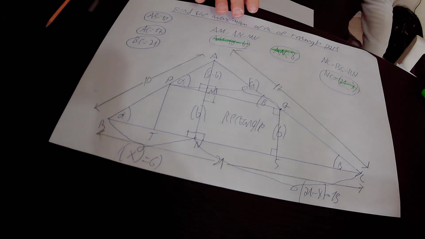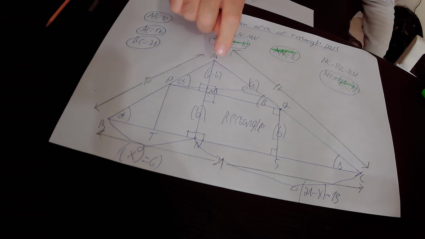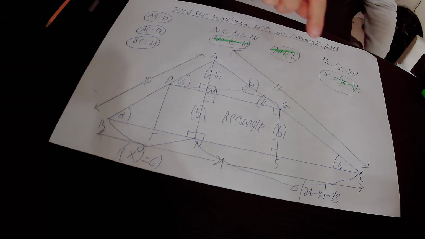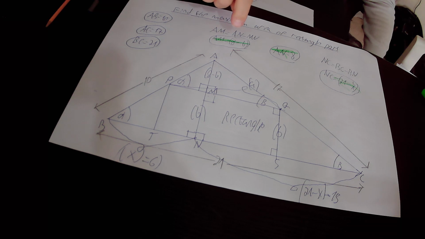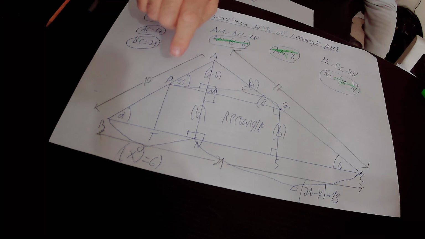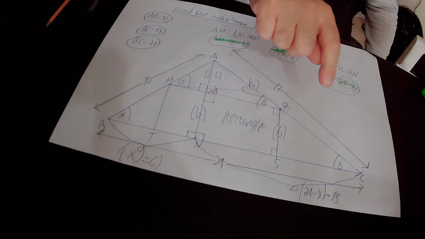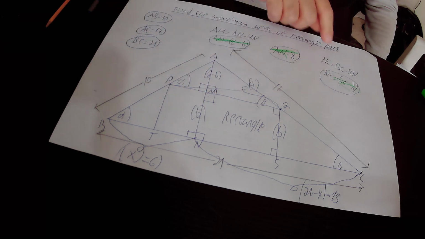In those two similar triangles, the big triangle ABC and the small triangle APQ, it means that the height AM in the small triangle APQ over the height AN in the big triangle ABC, that is the ratio between the corresponding heights, must be equal to the ratio between the corresponding sides. That is to say, the ratio between side PQ of the small right triangle APQ over side BC of the big triangle ABC.